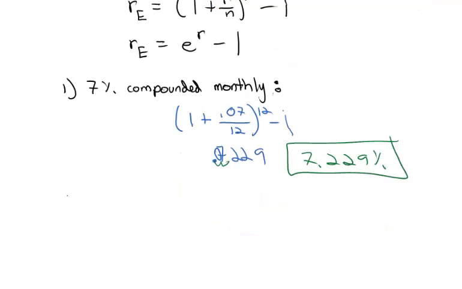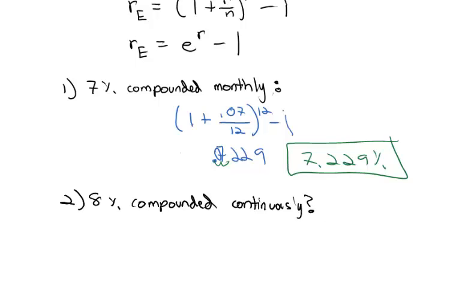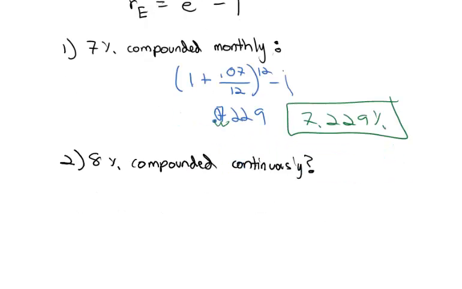How about this question? What if we did 8% compounded continuously? Well, 8% compounded continuously, that's e to the r, 0.08, minus 1.